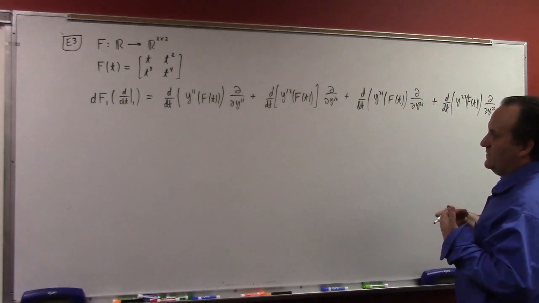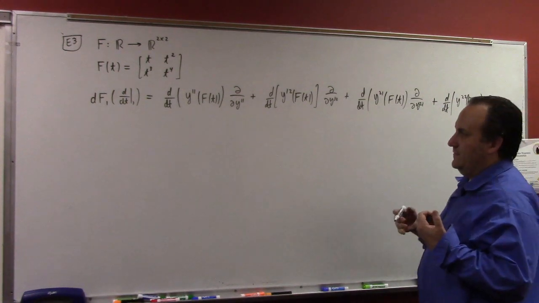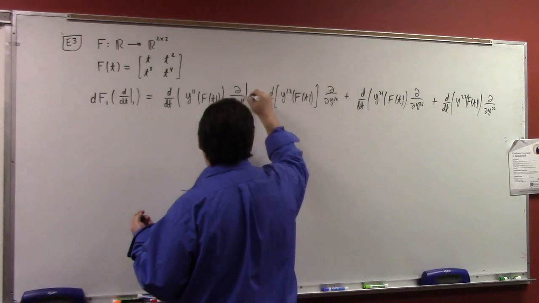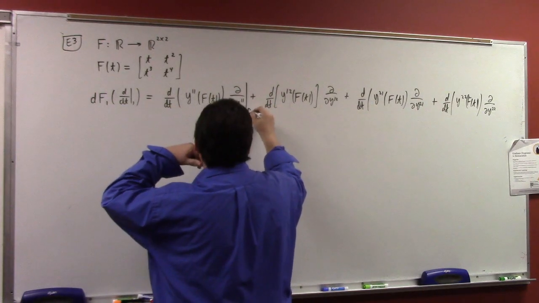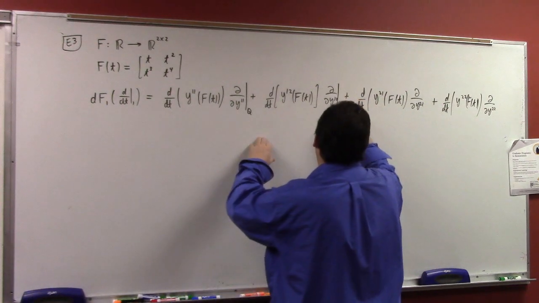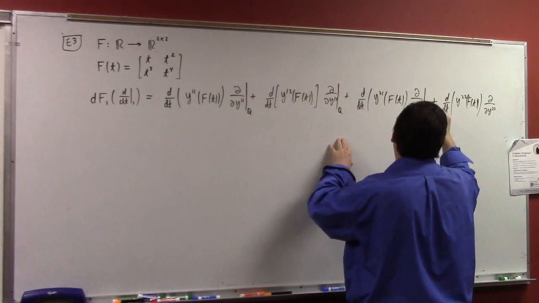And of course, all of these should be taken where? Let me write this at the point. Let me give it a name. I'll call it big Q. At Q.